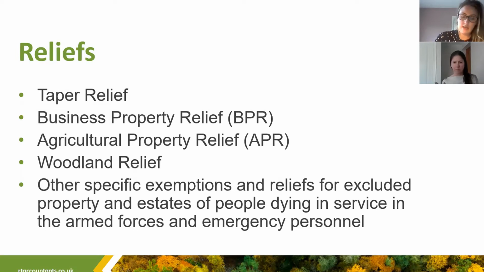There is a more obscure woodland relief for certain types of woodland. And also there's other exemptions and relief, including for excluded property and estates of people who die in service in the armed services or emergency personnel.